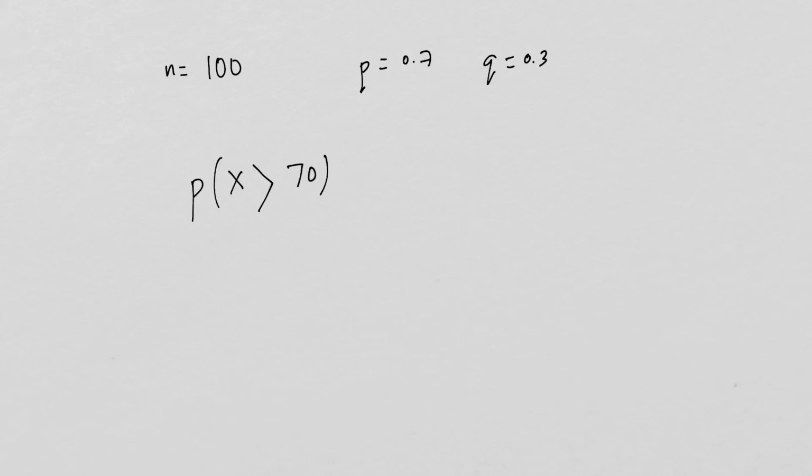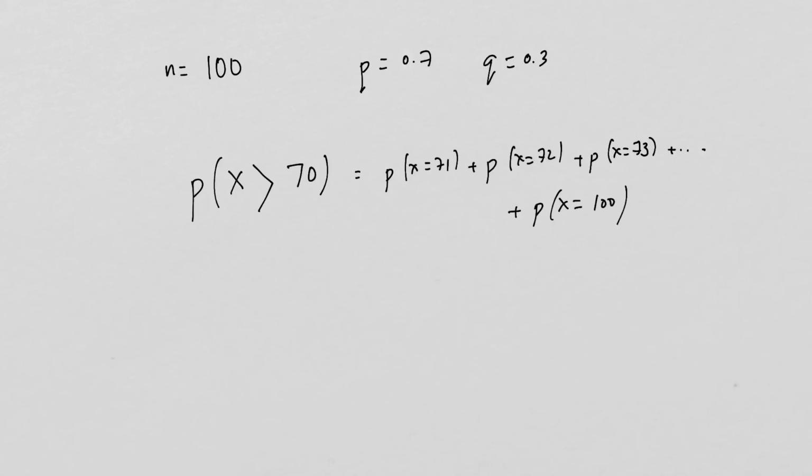Now, if you do this by hand, you'll drive yourself nuts because you're going to have to do, well, it has to be 71 or 72 or 73, all the way to 100. And each one of them is a nightmare, right?